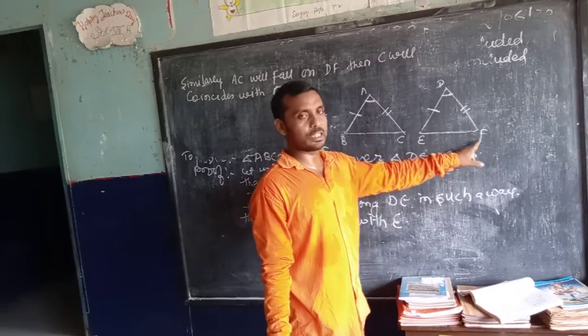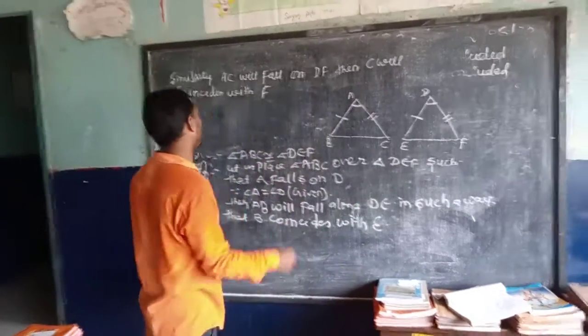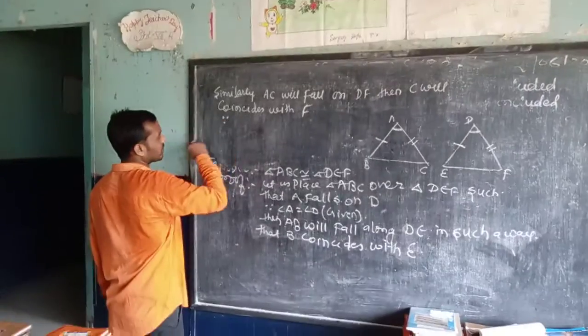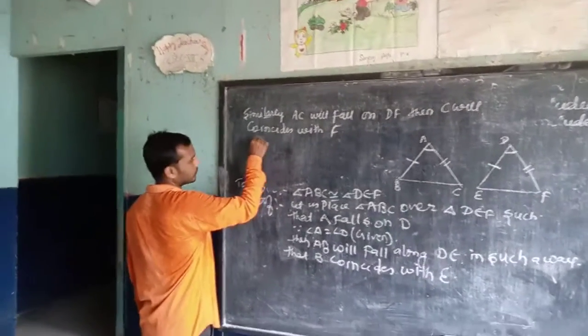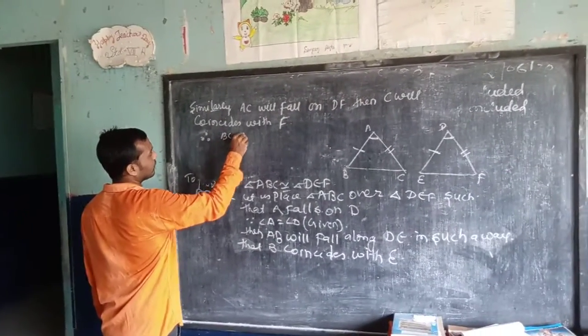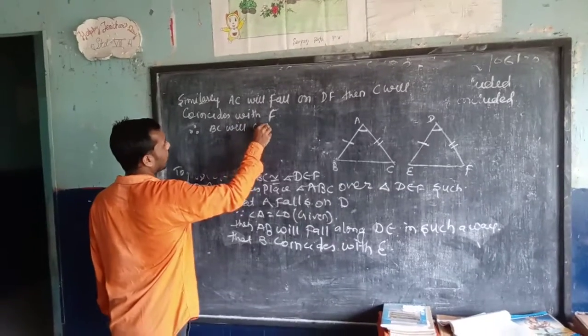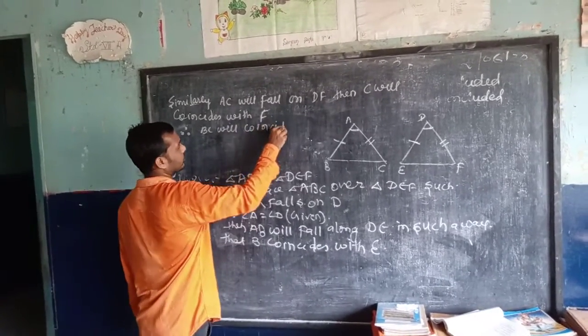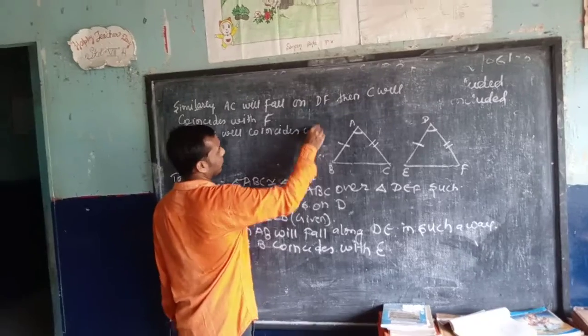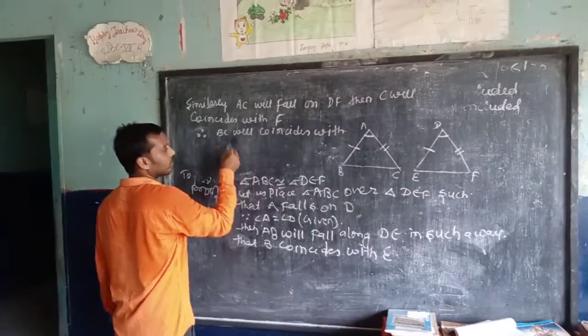That means C will coincide with F. Therefore, BC will coincide with EF.